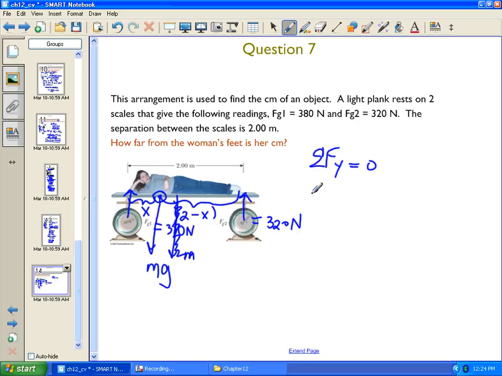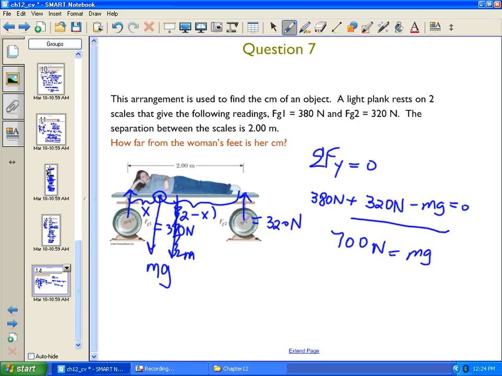So we've got upward 380 newtons plus upward 320 newtons minus her weight downward. So we can easily see that her weight is equal to 700 newtons, 380 plus 320. This is her weight. We weren't asked to determine it, but in the process, we've managed to solve for it.